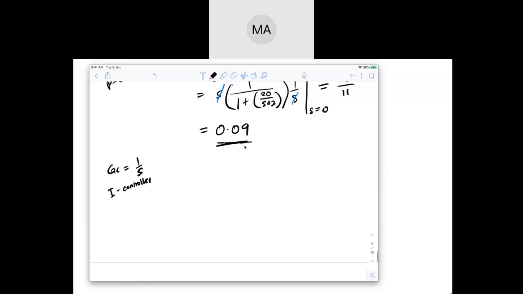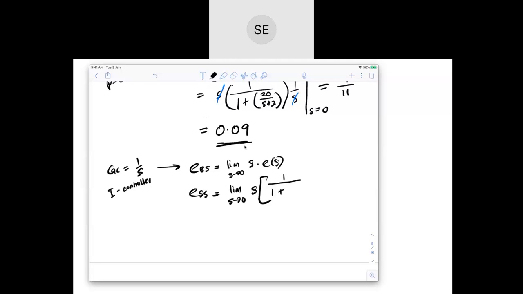What do you think happens when I put GC equals 1 over S? My steady state error equation will be the same as before: limit as S goes to 0 of S multiplied by E(S), and that E(S) will become different. The value of E(S) is 1 over 1 plus GC multiplied by GH.